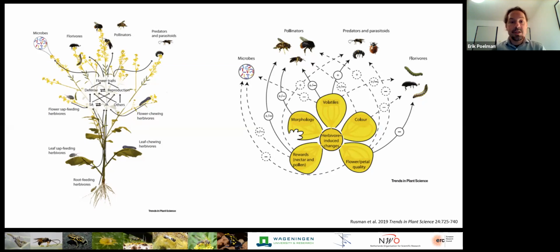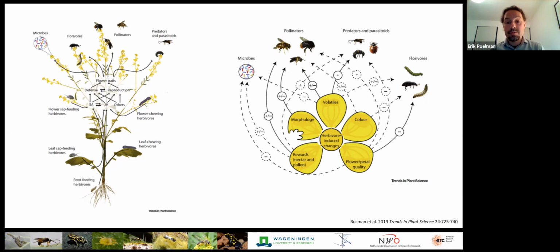And in one study, we especially focused on the interaction between herbivores and pollinators. And there we identified that herbivores, when they are feeding on the leaves or on the roots of a plant, change dramatically how the color of the flower is, how the odors of the flower are, how the shape of the flower is, and how the nectar reward or the pollen can be affected.